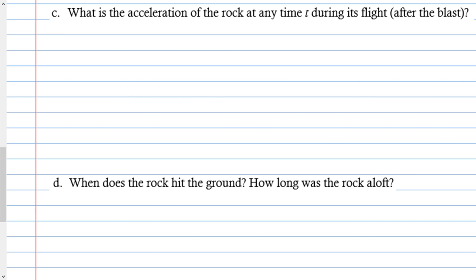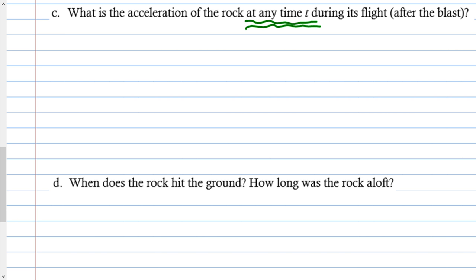That's why it says at any time, because it doesn't matter the time. I'm not asking you for a specific time. So you just find the acceleration function, and then whatever time is chosen can be plugged into it.